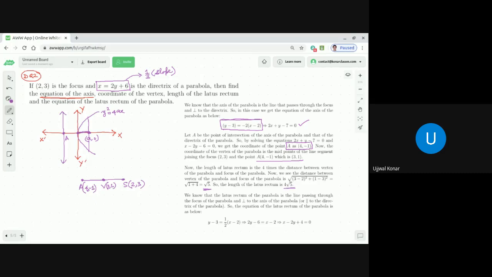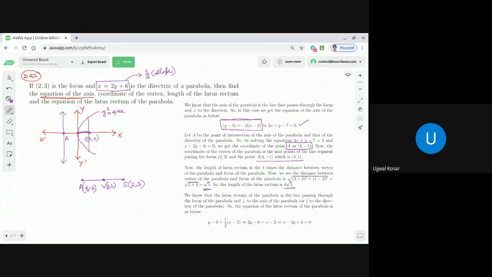Anyone has the simplest doubt, never hesitate to ask me. And the equation of the latus rectum of the parabola. We know that the latus rectum of the parabola is a line passing through the focus and perpendicular to the axis of the parabola. Or we can say the other way, it is parallel to the directrix of the parabola.